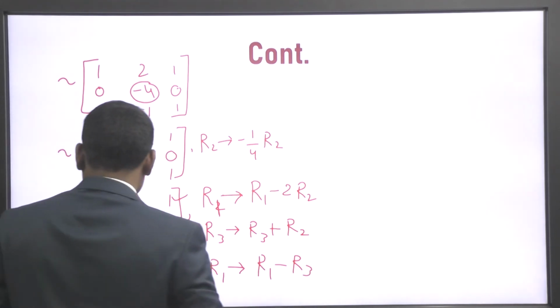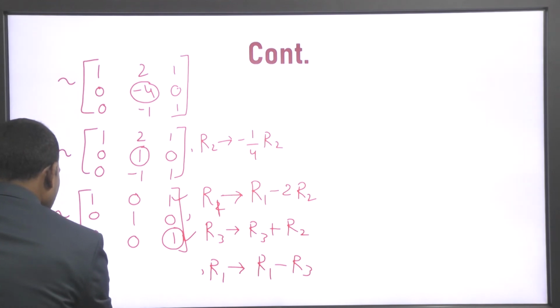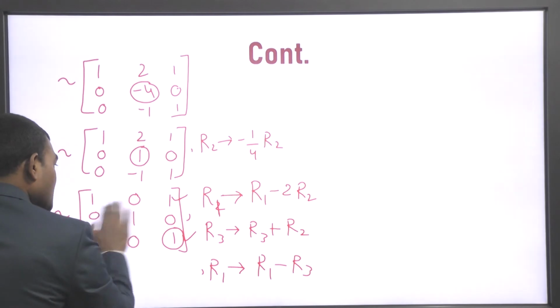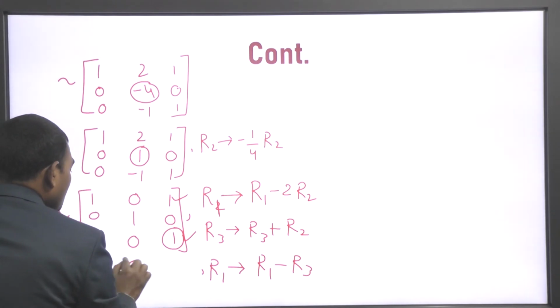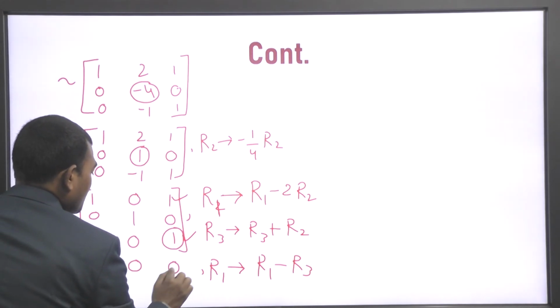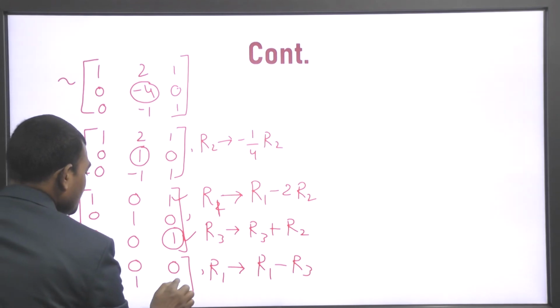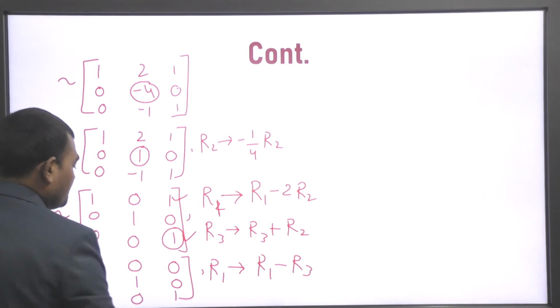When this operation is applied, we get again an equivalent matrix. The first row will change to 1 0 0, the second row will not change, 0 1 0, and the third row is 0 0 1.